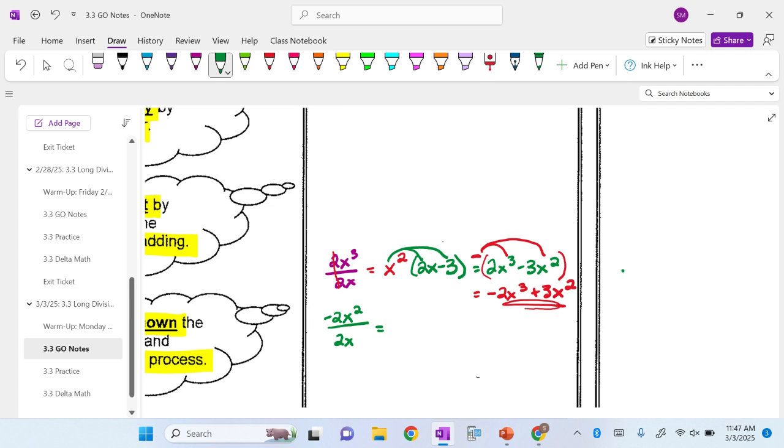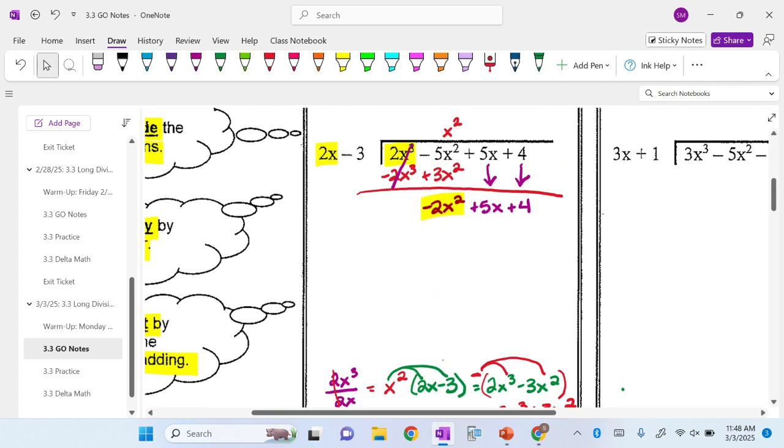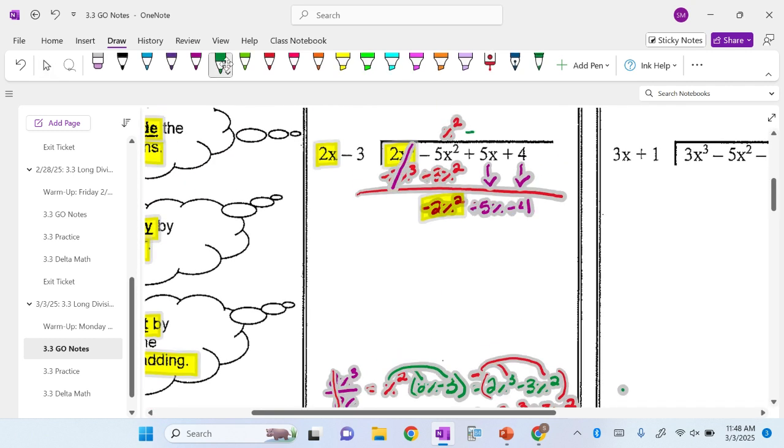So what's negative 2 divided by 2? Negative 1. So we just have a negative somewhere. What's x squared divided by x? X. If you took away an x, you'd be left with 1x. So I would take this negative x and write it up above the 5x, because that's my quotient.